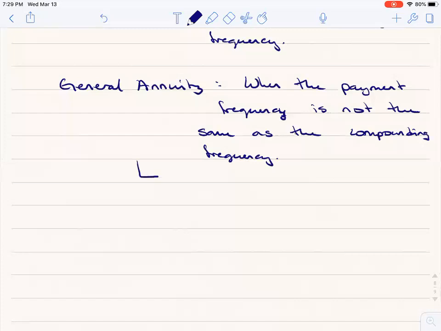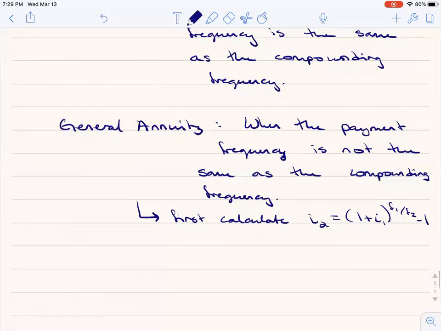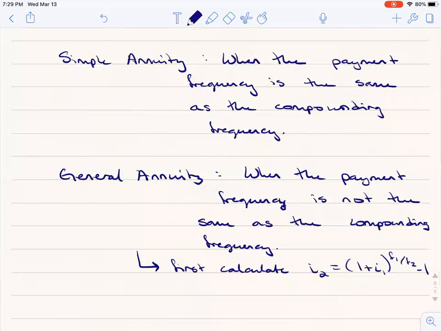What we're going to do here is you would first calculate I2, which is 1 plus I1 to the power of F1 over F2, minus 1. And then it just turns into a simple annuity again, because now you've forced the compounding frequency to be the same as the payment frequency.